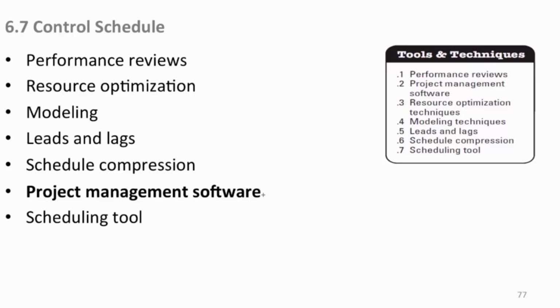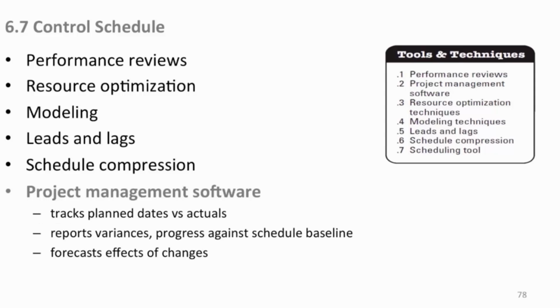Of course, as you control this, you need your project management software as a tool now to help you do these tasks again, because some of these may be just terribly daunting to do by hand. You don't want to do them by hand. You want to use a good, capable tool where you can plan the actual dates, their planned dates, track them versus your actuals, and get whatever you need out of it that way. You can report variances and progress against your baseline, and then forecasting. Some of these do some good forecasting.